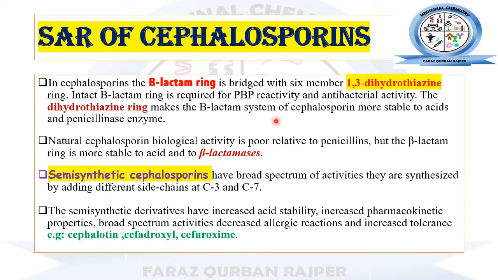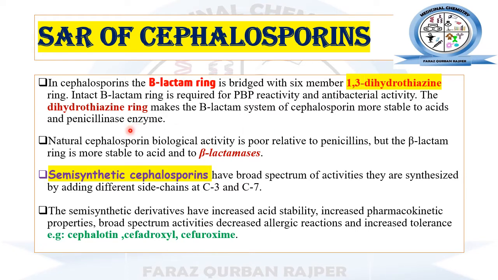The next is the 1,3-dihydrothiazine, that is the 6-membered heterocyclic ring. This ring makes the cephalosporin more stable toward the gastric acid media and more resistant toward the beta-lactamase enzyme. Clear?